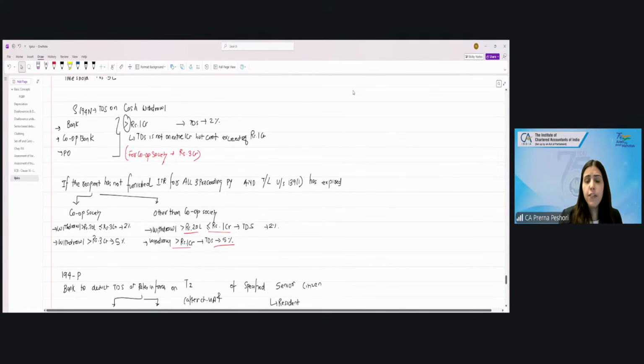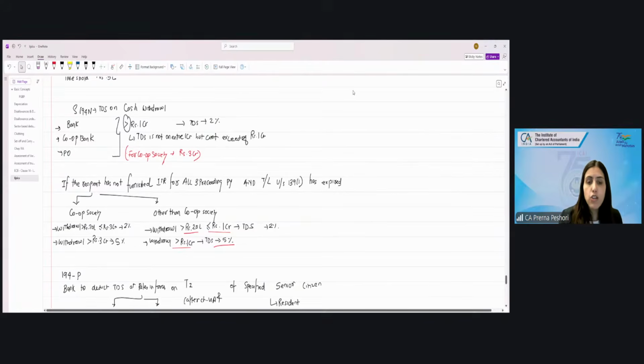And if it is more than 3 crore, TDS will be 5%. For other than cooperative society, if the withdrawal is more than 20 lakh, less than 1 crore, TDS will be 2%. For withdrawal more than 1 crore, TDS will be 5%. Are we clear? Yes, ma'am. Okay. So this is section 194N.